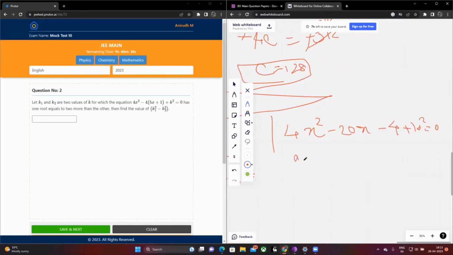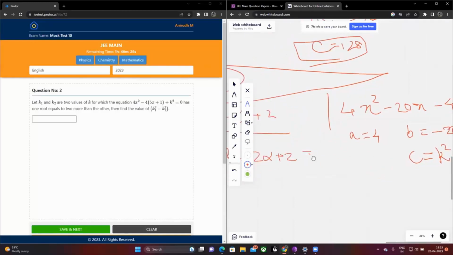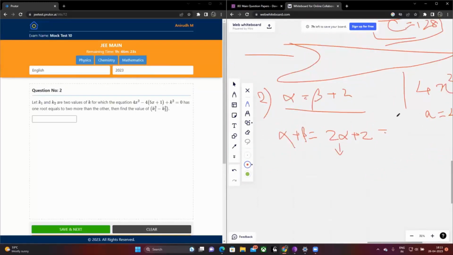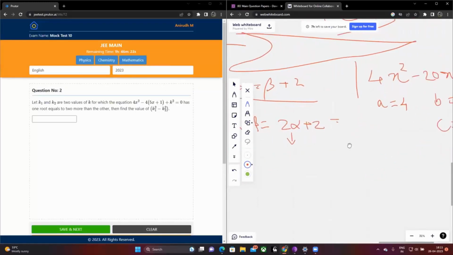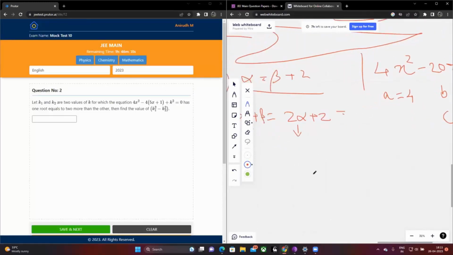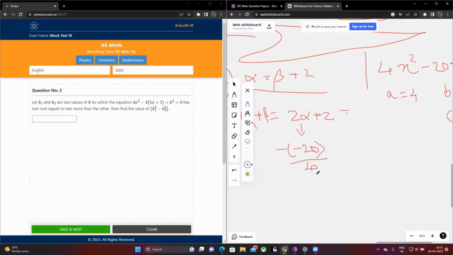From this, you can easily see that a is equal to 4, b equals minus 20, and c equals k squared minus 4, where a, b, c are the 3 coefficients for a quadratic equation, right? So this alpha plus beta is 2 beta plus 2. This is basically minus b by a. That's minus of minus 20 by 4, minus of minus 20 divided by 4, which is 5, right?